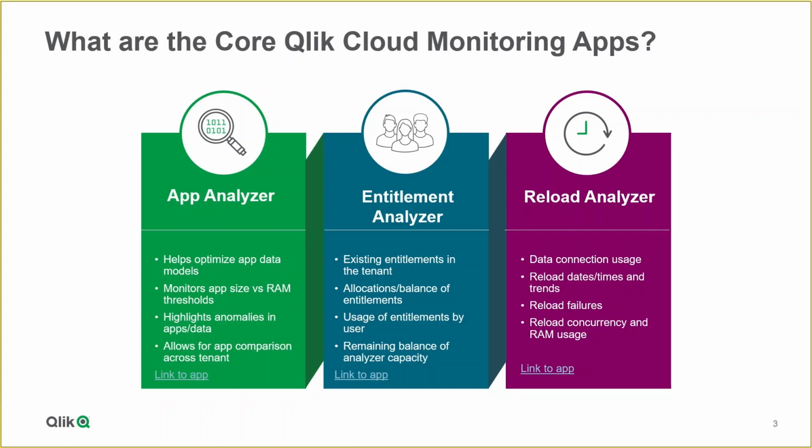For example, what's the distribution of analyzer or professional entitlements, how much of my analyzer capacity has been used, or how are the users actually using the system. And then there's the Reload Analyzer, which will provide information on the app reloads, like the date and time of reloads, the number of reloads, were there any failed reloads, but also how the data connections are used.